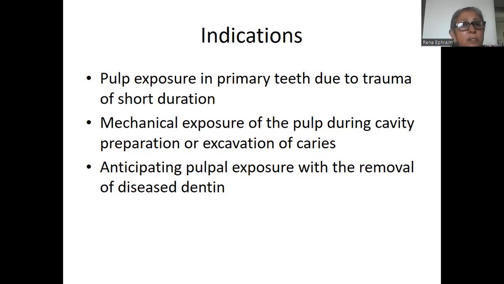And that is not an indication for pulpotomy, because we don't know how far deep into the pulp chamber the infection or the acidity or the toxins would have reached and caused damage to the pulpal tissue. So exposures of short duration is what is indicated when we think of a pulpotomy technique.